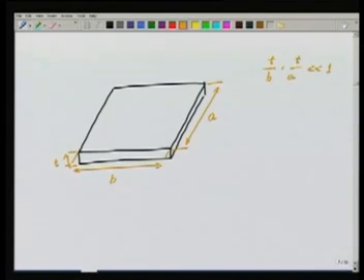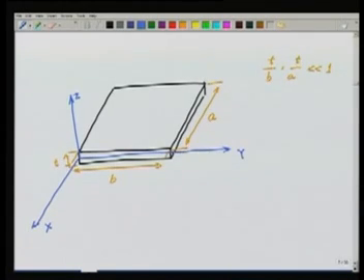As you saw there is a difficulty in writing things, so let's fix a coordinate system. This is my x direction, this is my y direction, and this is my z direction.